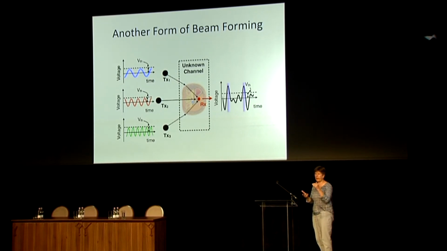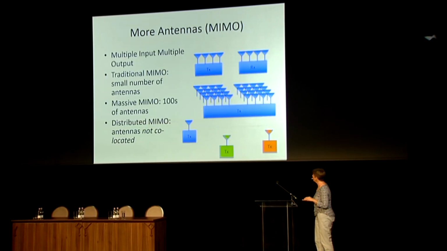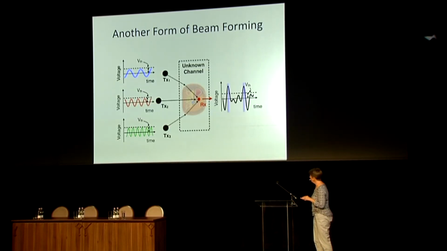When you cross the air-body boundary, bad things happen. So again, it's a form of beam forming with multiple transmitters and different frequencies, and then combining in what the authors call coherent beam forming or coherent incoherent beam forming, one of those two. So anyway, you'll find out which one when you go to the talk.